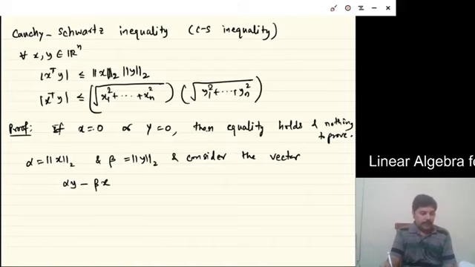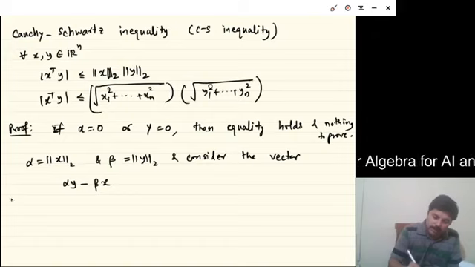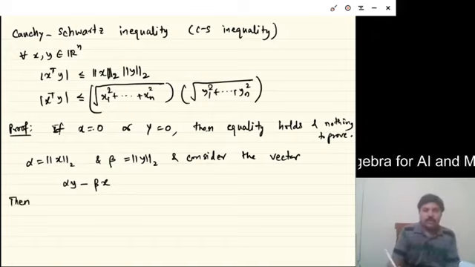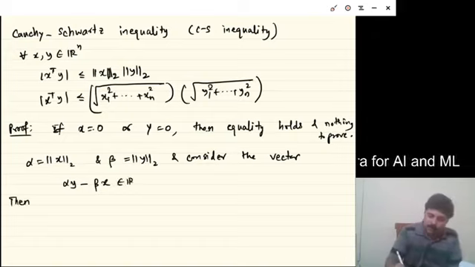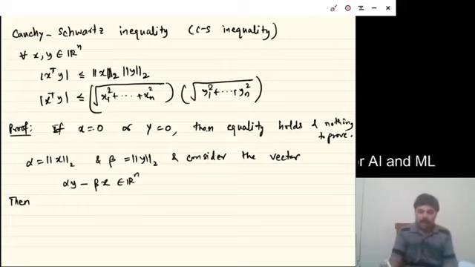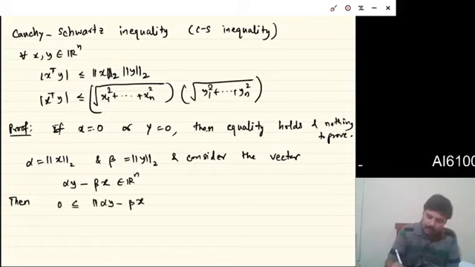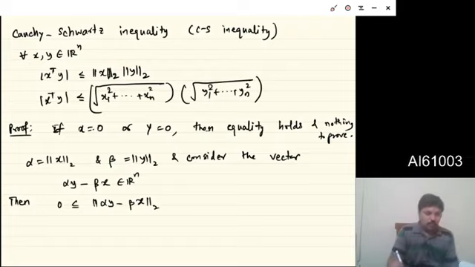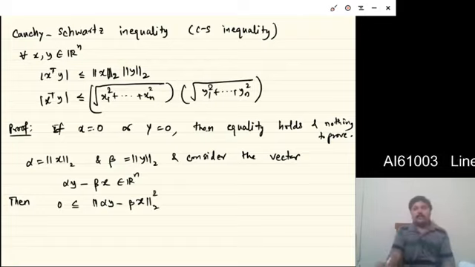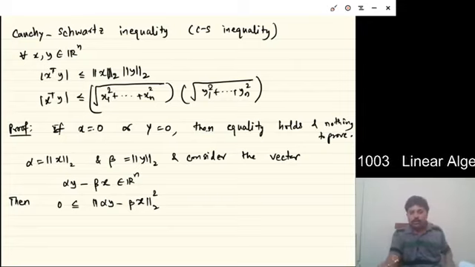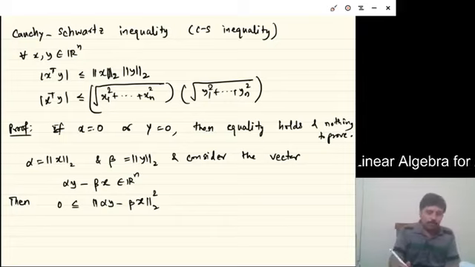I'll consider the vector alpha y minus beta x, and then because this is a vector in Rn, clearly this is a vector in Rn, what I really know is that the 2 norm square of alpha y minus beta x is greater than or equal to 0, right? This is true for 2 norm. We already have proved that this is nothing but sum of squares, so it has to be greater than or equal to 0. So this property holds true.